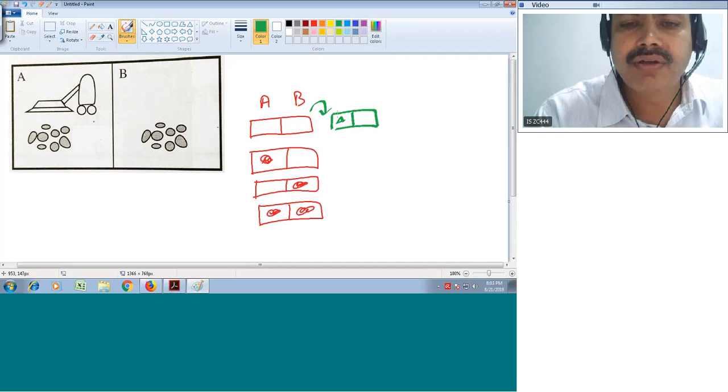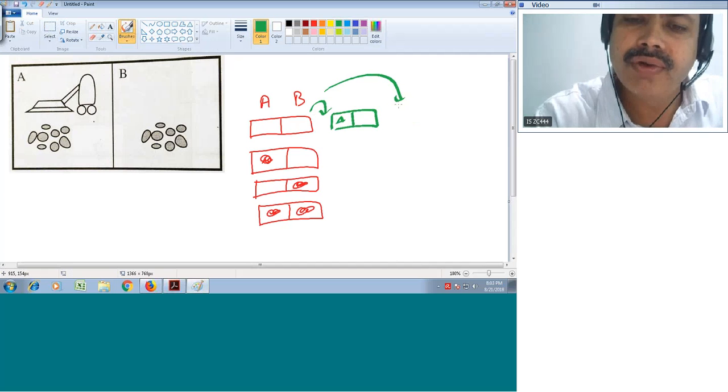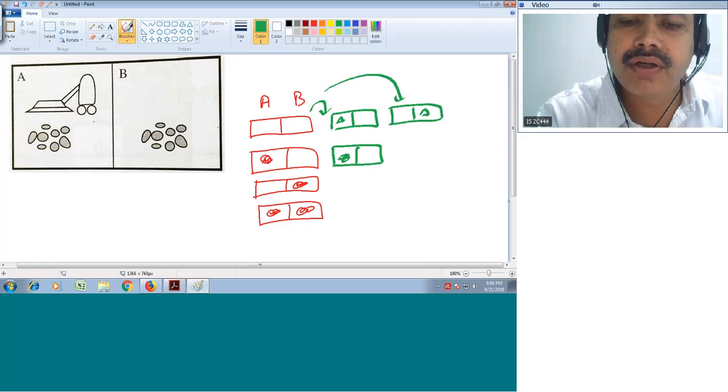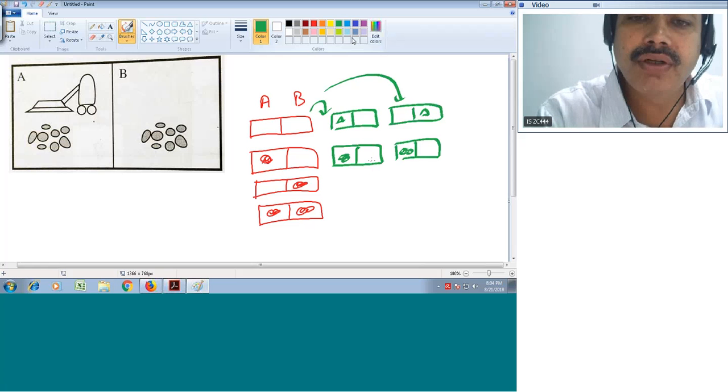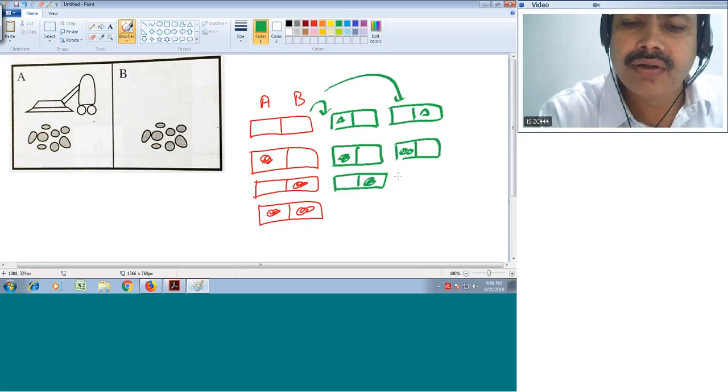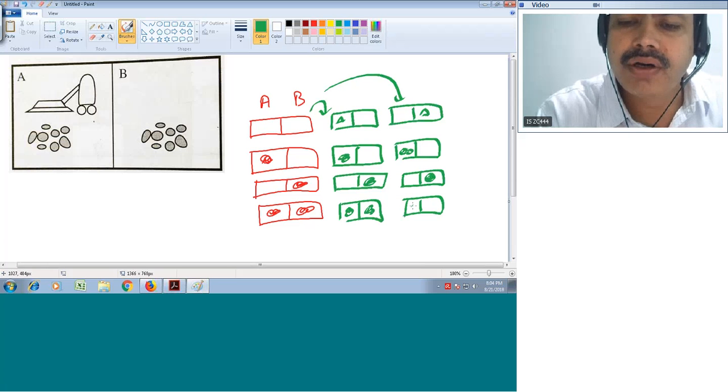Here is the machine, or it could be possible that the machine is here. This is the state, and the machine is here. You know that this is the scenario where there is a dirt, this is the scenario where there is a dirt in room B, and this scenario where both the rooms are dirty.